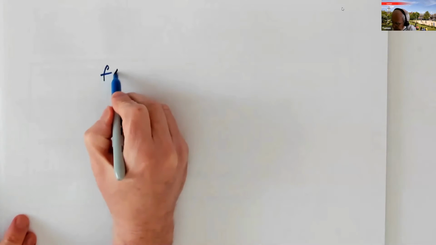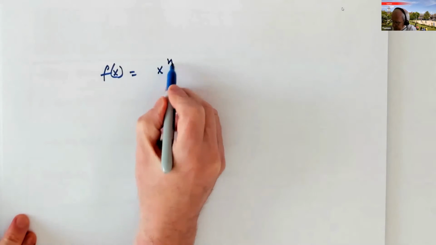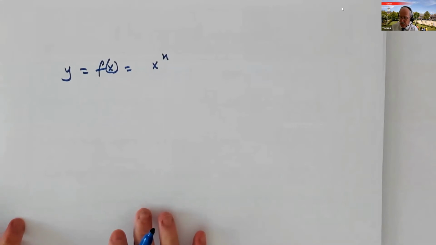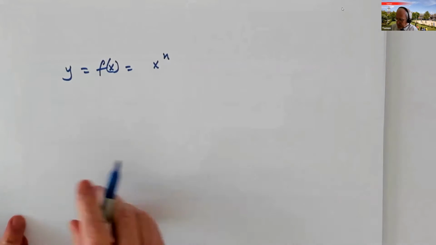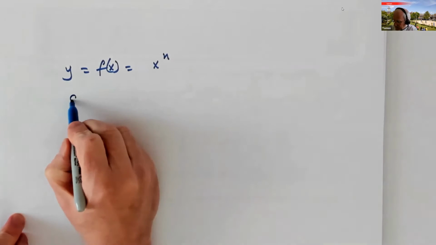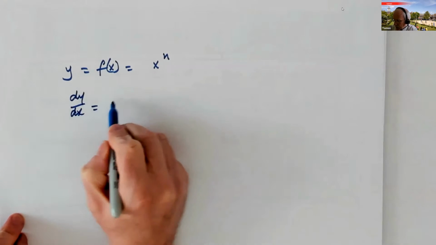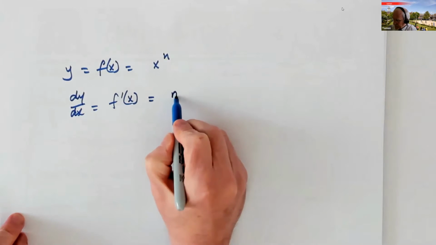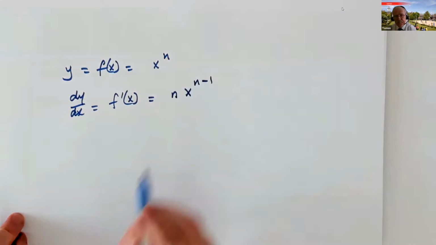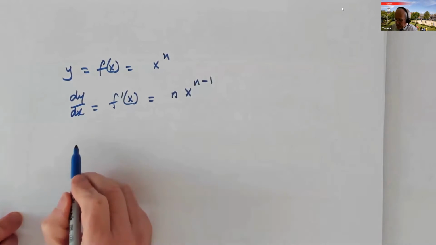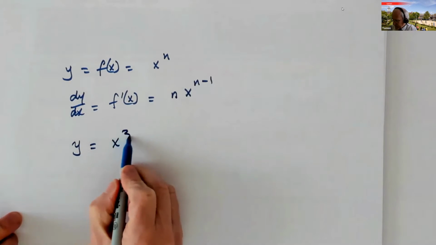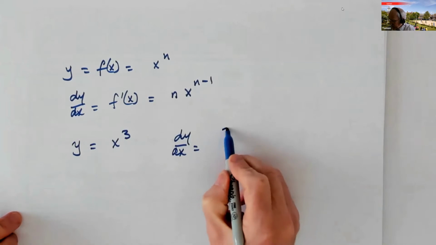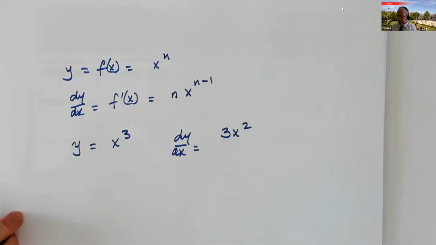Remember that we only have two variables, y and x, vertical and horizontal. So if y is equal to x to the n, dy/dx, or f dash x, you take down the n and reduce the power by 1. And that's it. So if y is equal to x cubed, dy/dx is given by this formula as 3x squared. And that's what we learn.